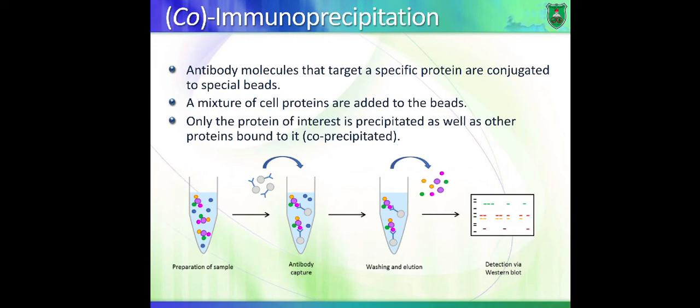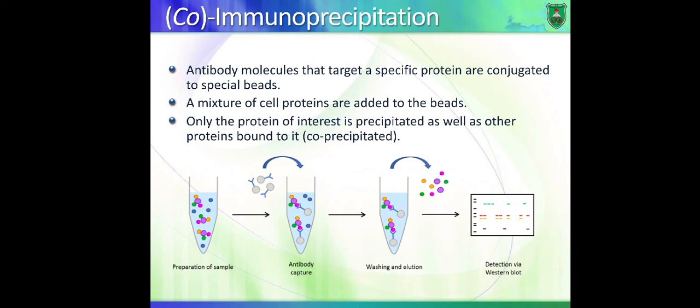And we precipitate all of the protein complexes that are bound to this immunoglobulin. So we are specifically isolating or purifying the proteins that interact with our protein of interest, the purple protein.